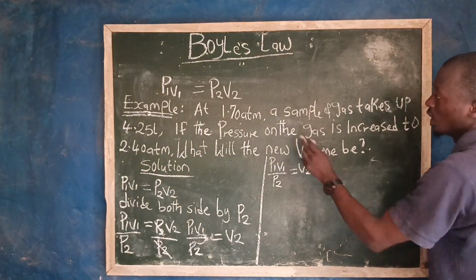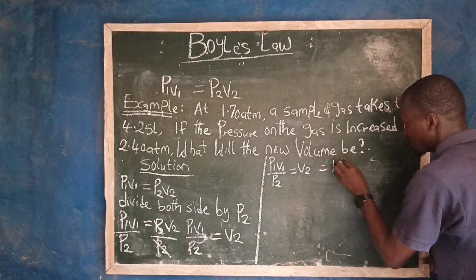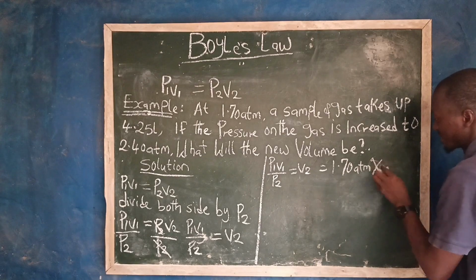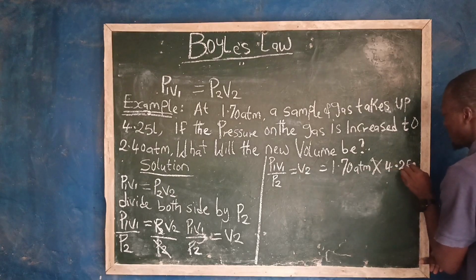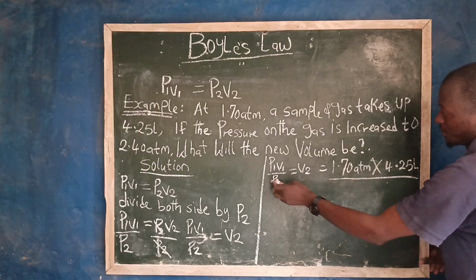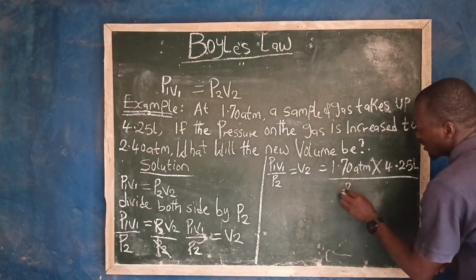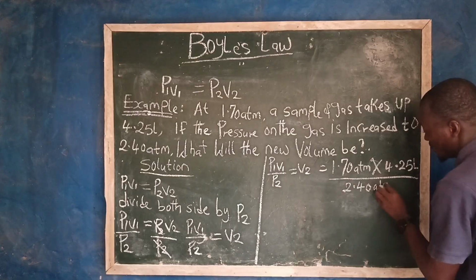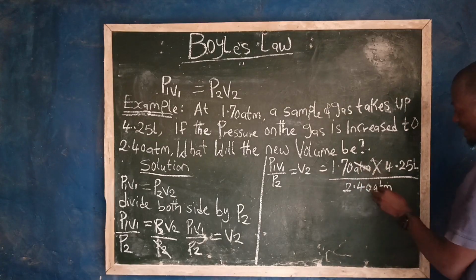Here we are having 1.70 atm times 4.25 L, which is liter, all over our P2, which is final pressure, which is 2.40 atm, which is atmosphere. Now we can say that this atmosphere cancels this one.